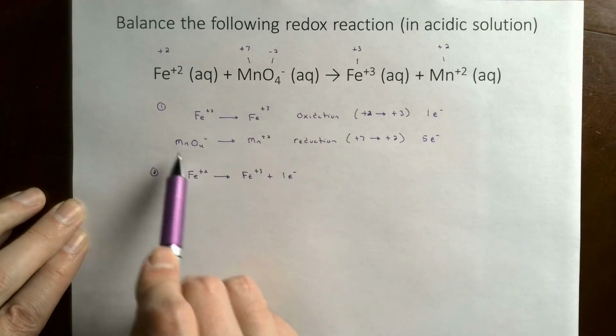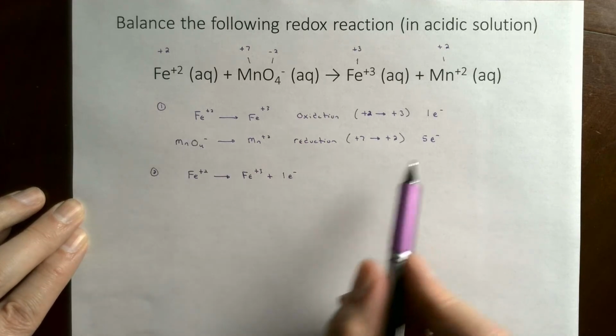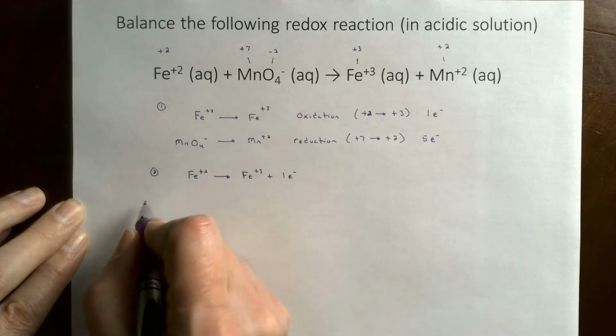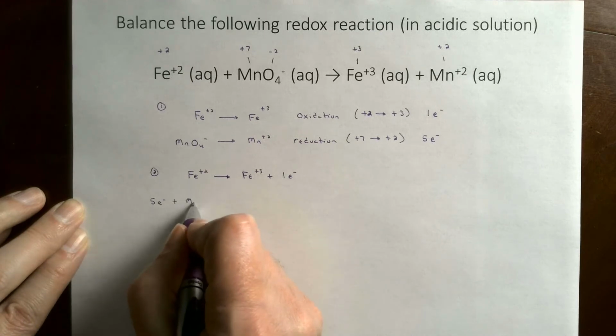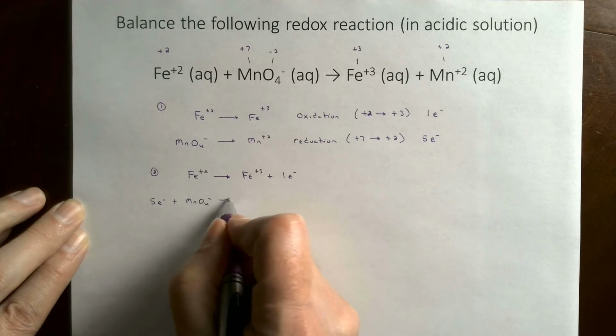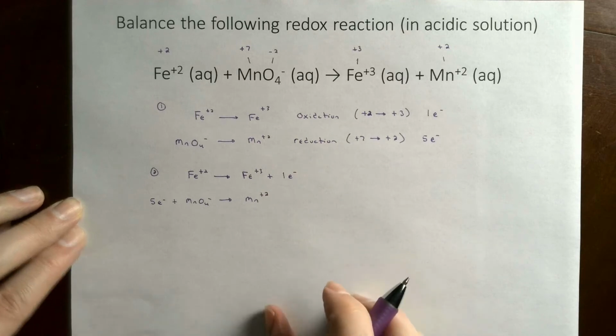Now permanganate is being reduced. That means that species is gaining electrons. So in that case, the electrons would be a reactant. So we have 5 electrons plus permanganate ion to manganese plus 2 ion.